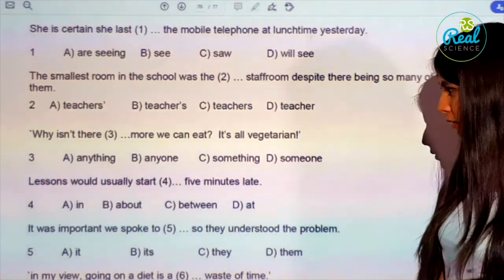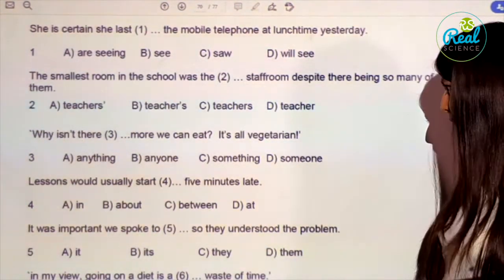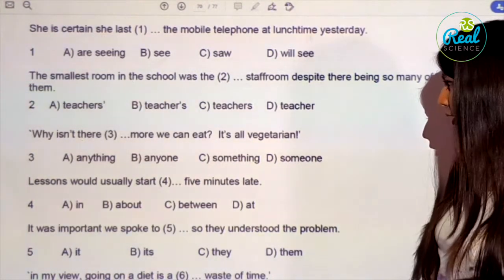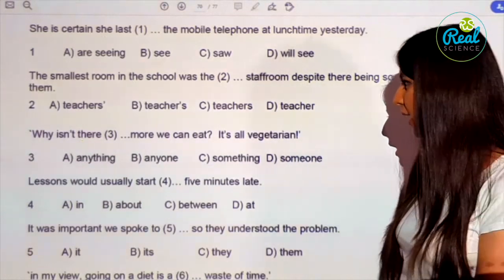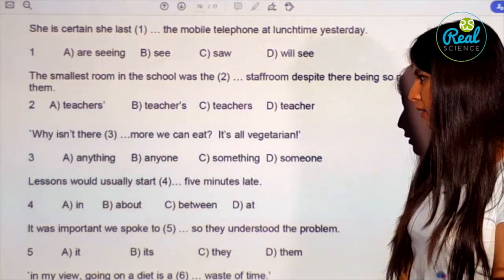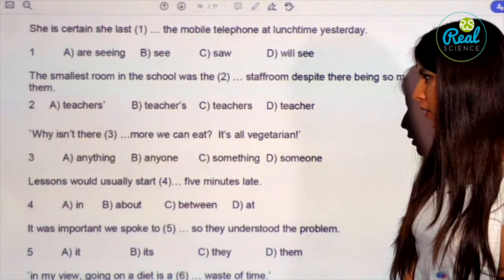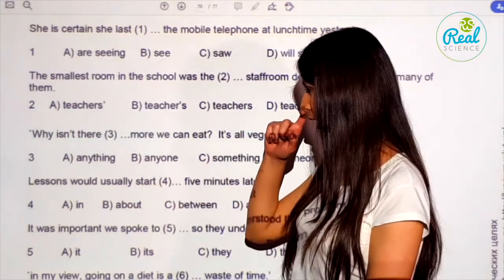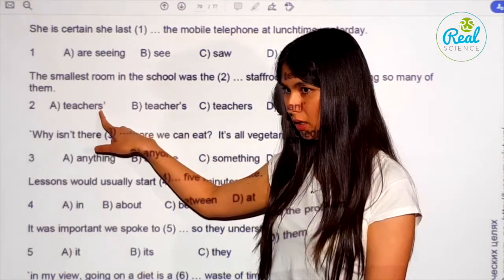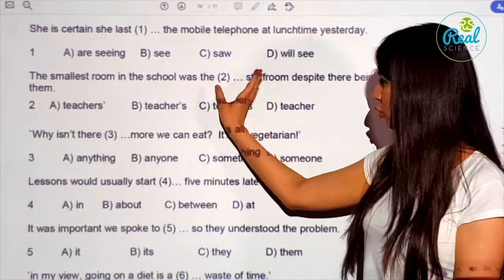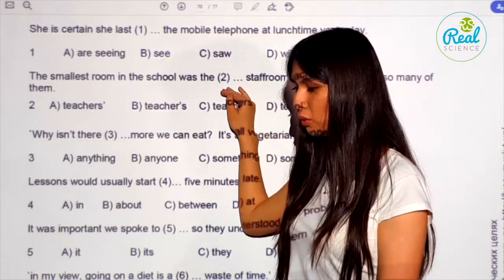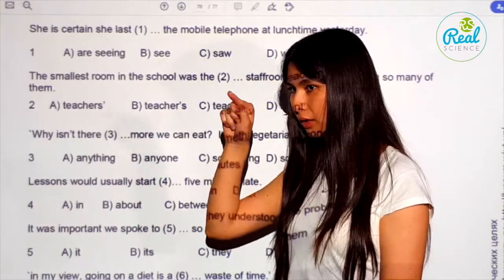Third one. Why isn't there anything more we can? It is all vegetarian. Why is the second one A? Because look, here we can see the plural form of teachers. Here we have C. Here you should put what? Possessive. The possessive can be shown with an apostrophe and s.